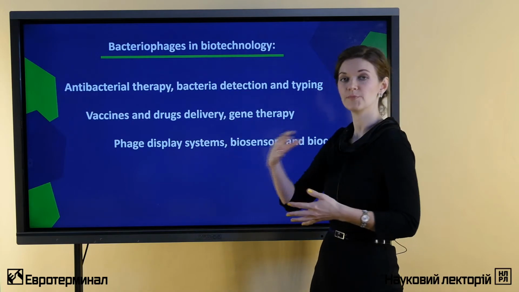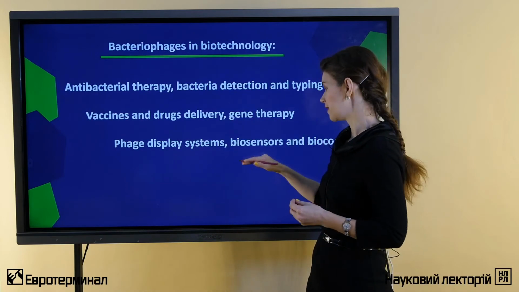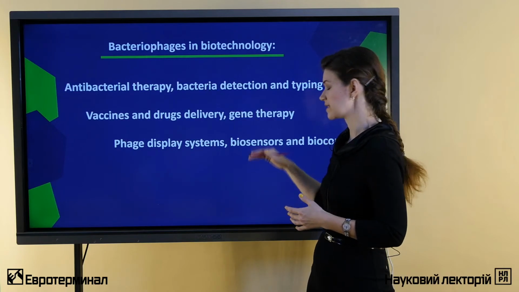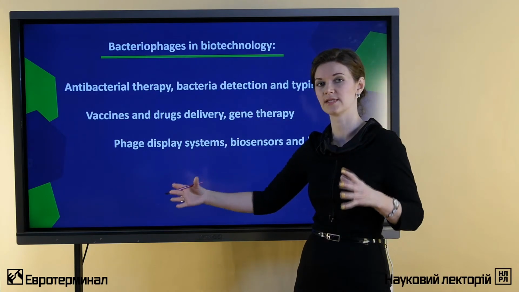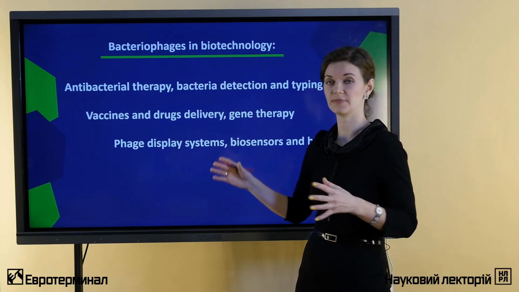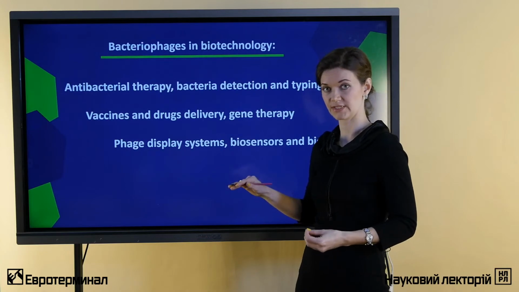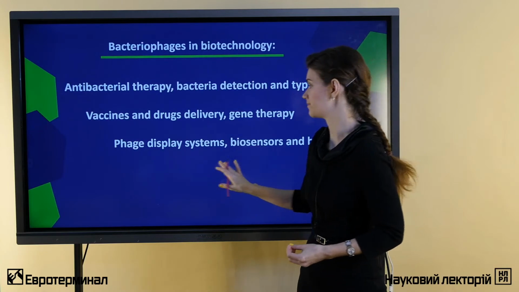And these repeated proteins are very important to the creation of biosensors, because a biosensor requires a lot of copies of one and the same molecules. And phages give the ability to receive many copies of one and the same protein. It can be used in biosensors.